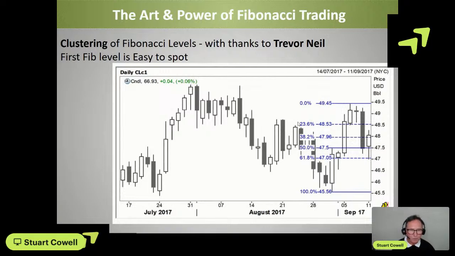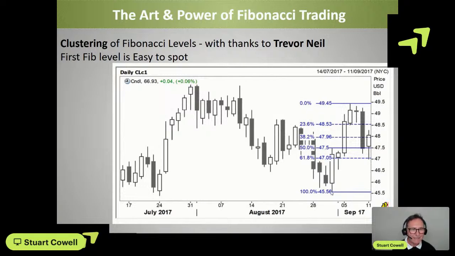This is the oil market again, another old slide from 2017, but that doesn't really matter. The beauty of Fibonacci is it applies on all time frames, on all assets, and you'd be amazed how thorough and effective it can be.